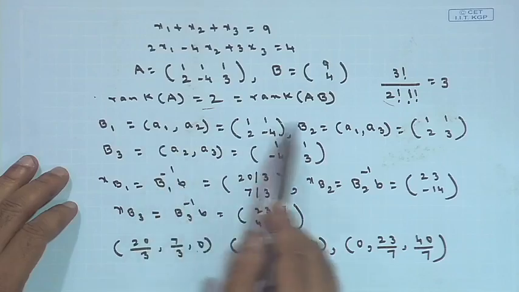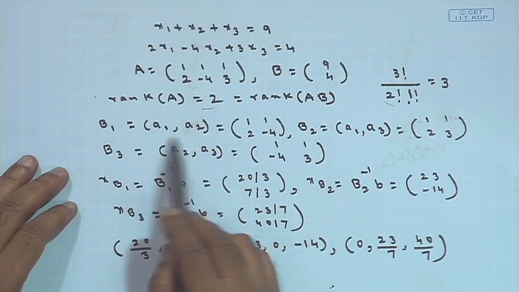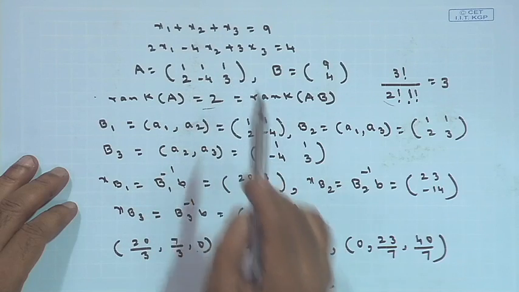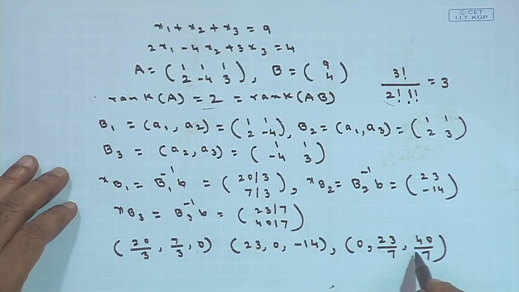Once I get the linearly independent columns of the matrix, I form matrices B1, B2, B3 like this, where the B's are combinations of these linearly independent columns A1, A2 and A3, and from there we obtain the solution. Afterwards you will see that this is an initial solution, and from this initial solution we have to improve it and obtain the optimum solutions.